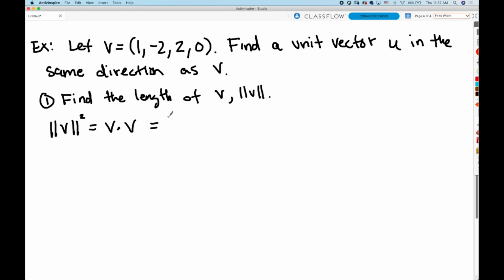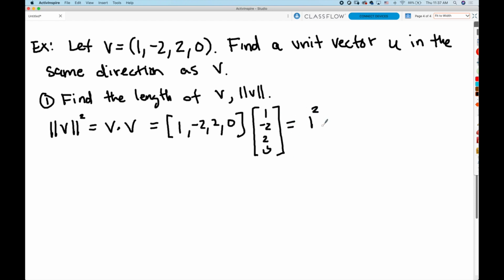And so if I set that up as matrices, I have 1, -2, 2, 0 times 1, -2, 2, 0, so v dot v is just those entries, 1 squared plus -2 squared plus 2 squared plus 0 squared. All right, so that's a little shortcut if you ever want to figure out v dot v or u dot u. It's just going to be those entries squared. And so this is equivalent to 1 plus 4 plus 4, which is 9.